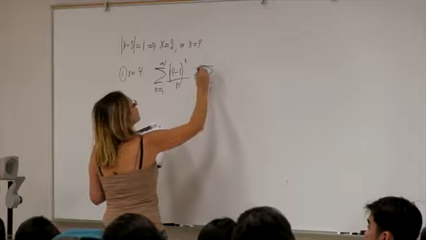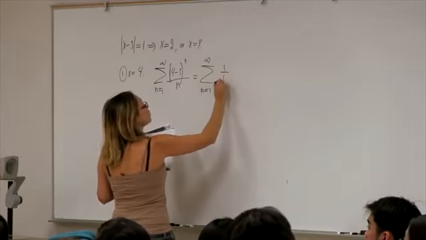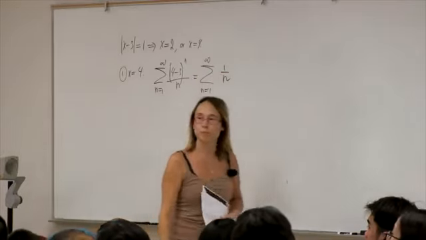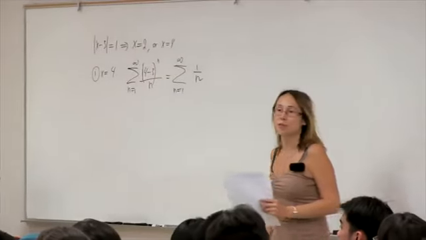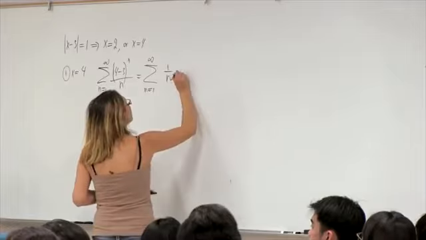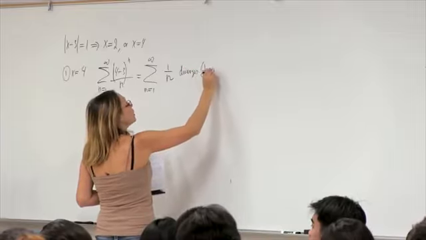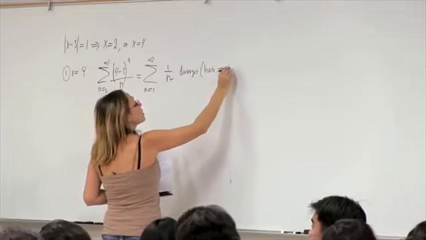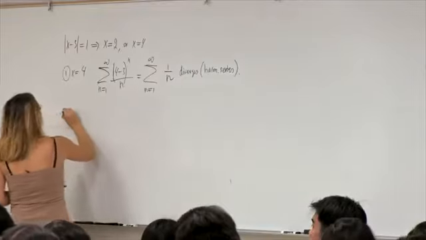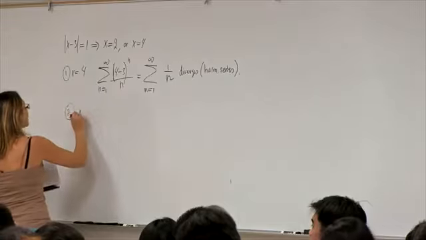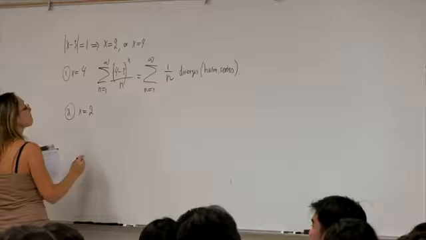That simplifies very much because it's simply 1 over n. What does this do? That diverges because this is a harmonic series. Diverges. Harmonic series. Okay. The second interesting case is when x is equal to 2.